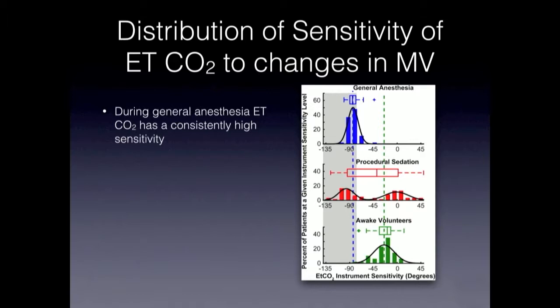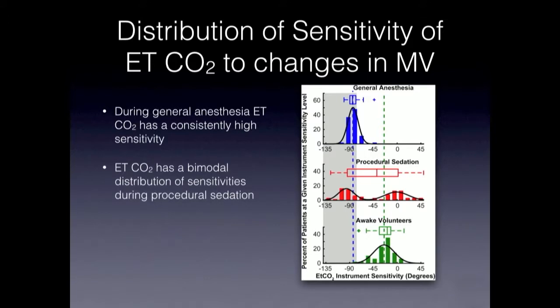It's a pretty good monitor most of the time, except for the cases that I discussed earlier, okay? If you've got procedural sedation, you've got this bimodal distribution of sensitivities during sedation. You've got some patients with high sensitivity, and some patients with very low sensitivity or no sensitivity, a random number generator.